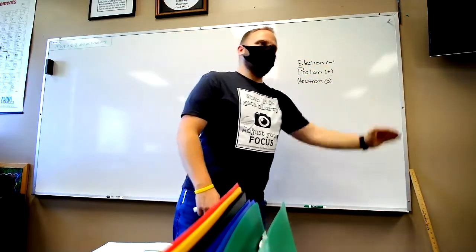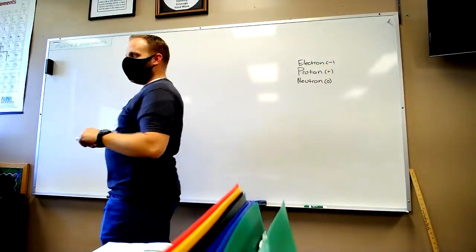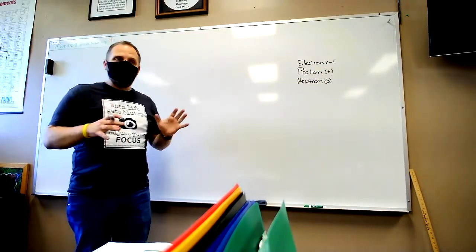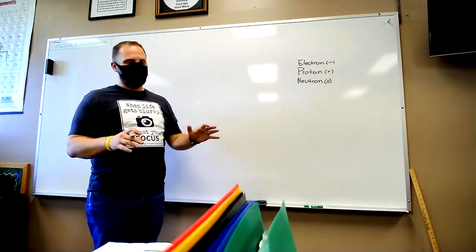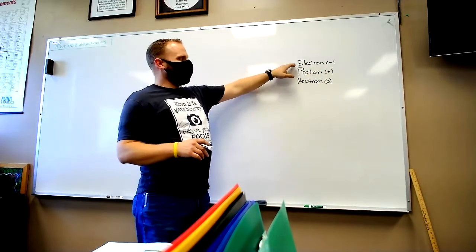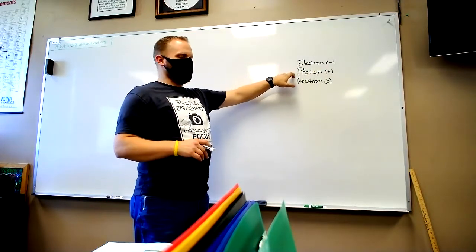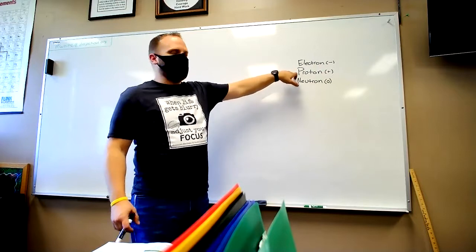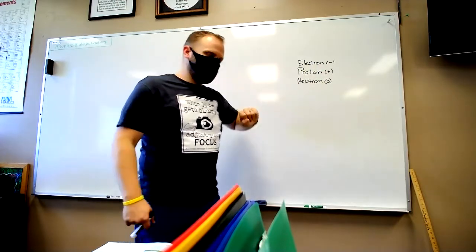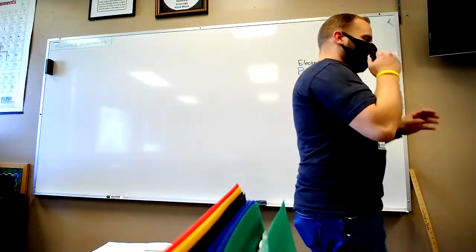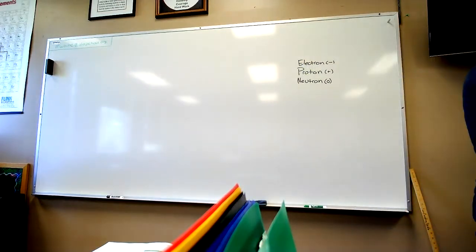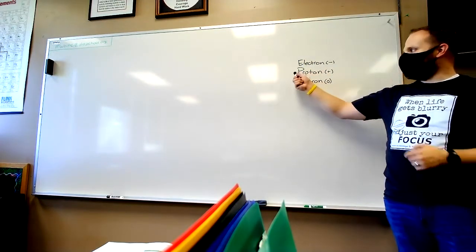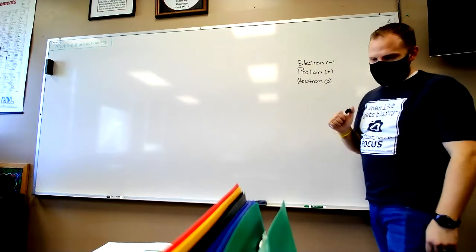Now, as we go through, we will see that that doesn't always have to happen. Okay? We can have a different number of electrons than protons. In fact, sometimes we want a different number of electrons. But if it is a neutral atom, the number of protons is going to equal the number of electrons.